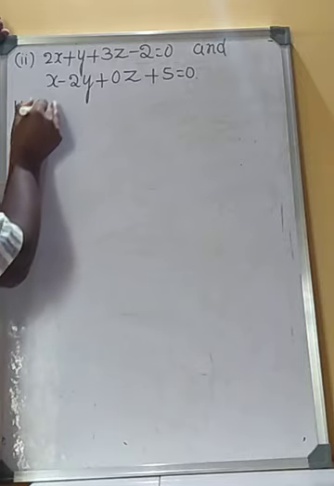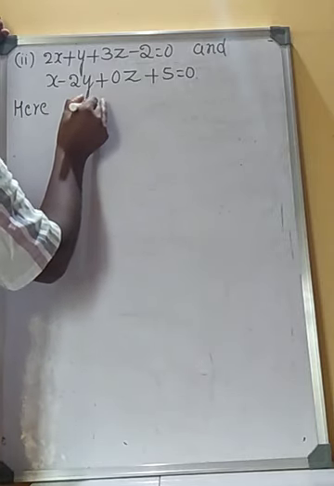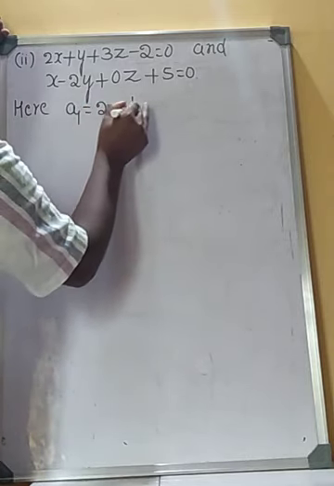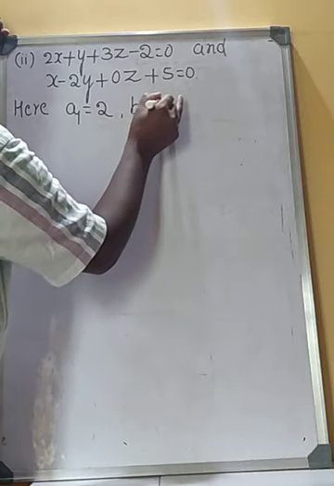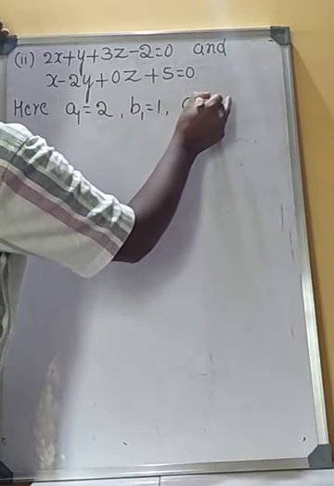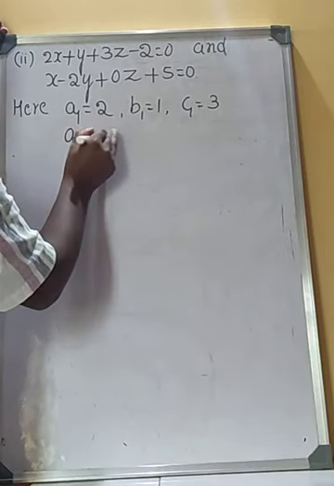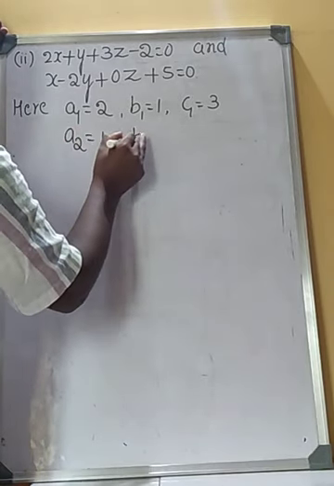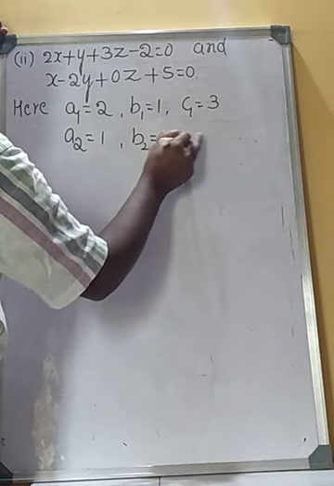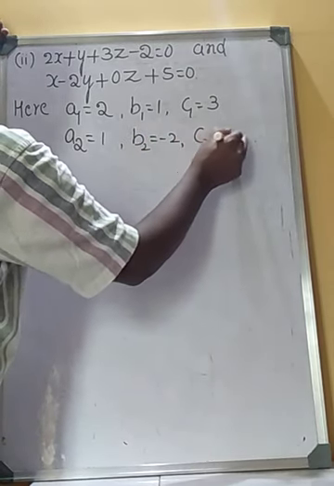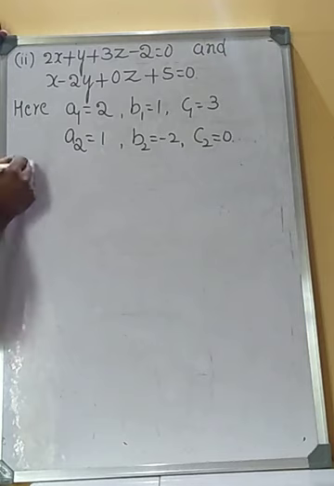Here a1 equals 2, b1 equals 1, c1 equals 3, a2 is 1, b2 is minus 2 and c2 is 0.